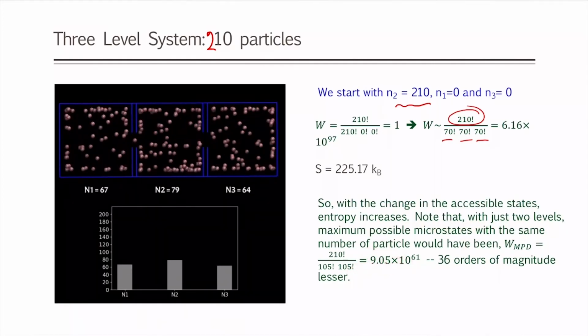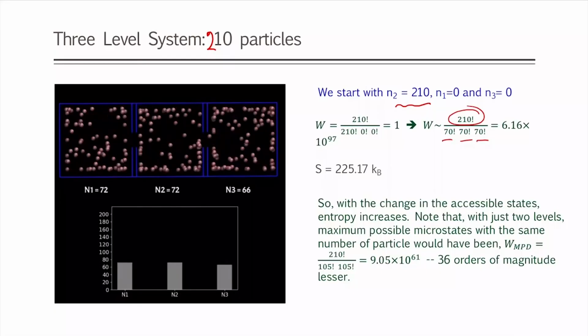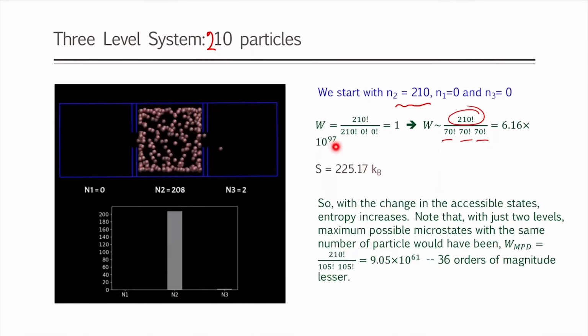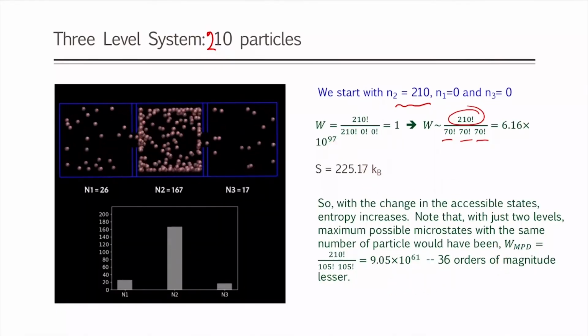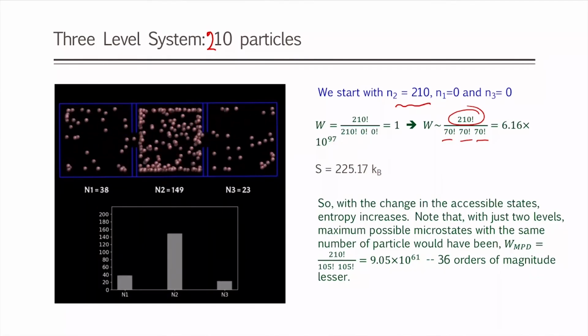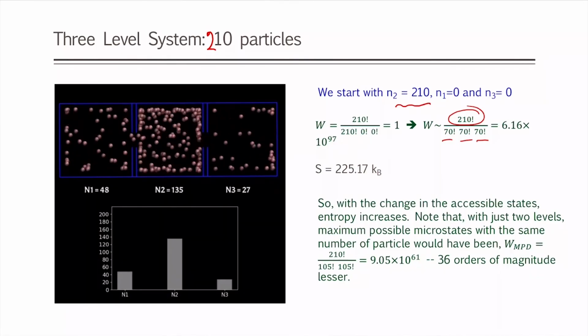I took the most probable distribution with two boxes, dividing 210 particles into 105, 105, which gave 10 to the power 61. Now, when you divide into 3 boxes, I get 70, 70, 70, which gave 10 to the power 97. So we get a W that is 36 orders of magnitude larger by dividing into 3 boxes.